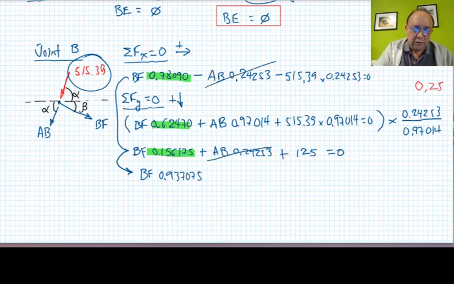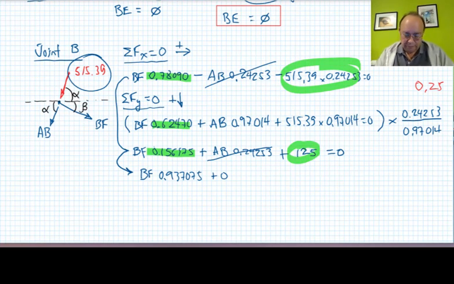This one goes away with this one, so plus 0. And now this number plus 125 will be 515.39 times 0.24253 equals, that's 125. So this is 125 negative.